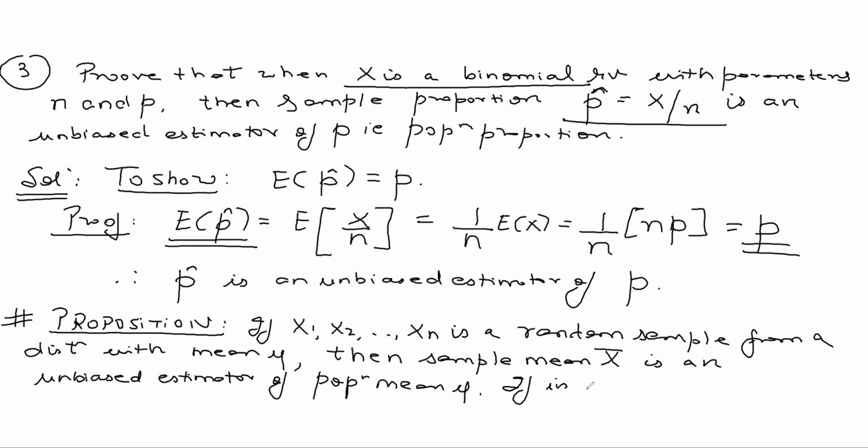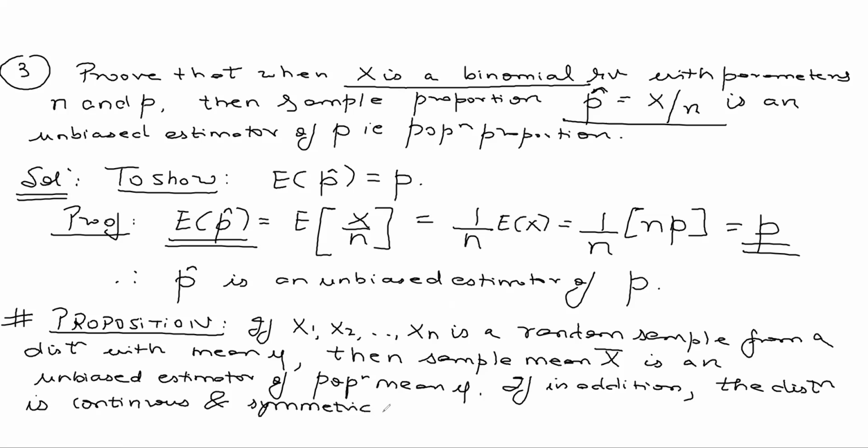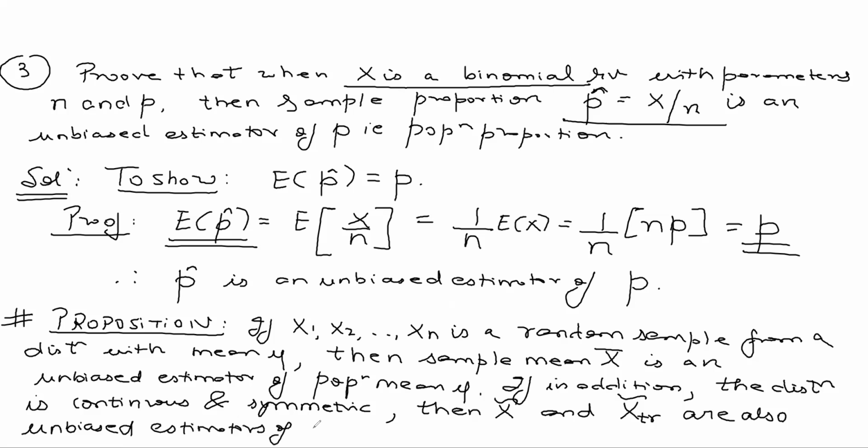Also, if in addition the distribution is continuous and symmetric, suppose it's a continuous and a symmetric distribution, then the sample median x tilde and the trimmed mean are also unbiased estimators of the population mean mu.